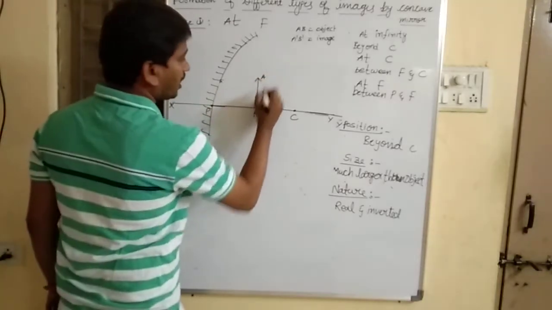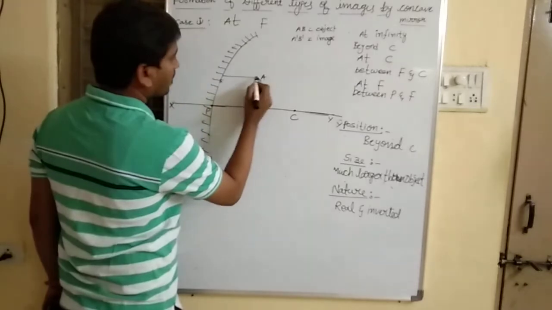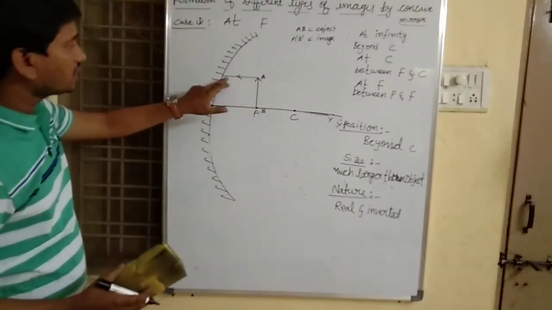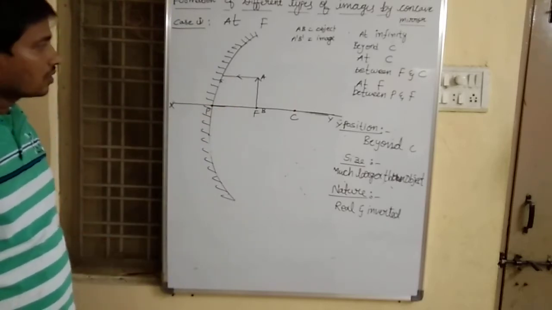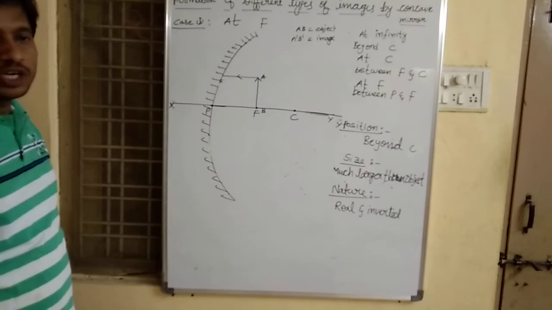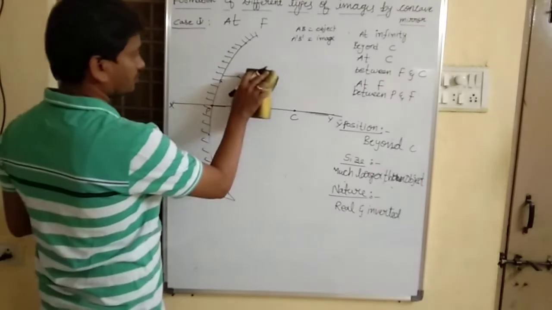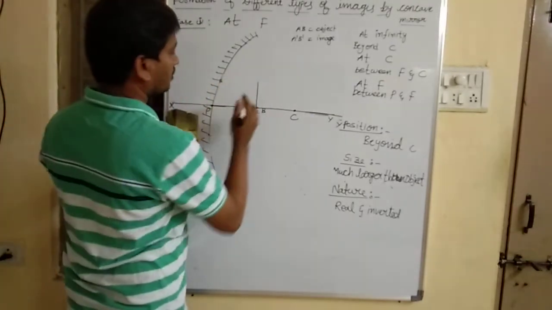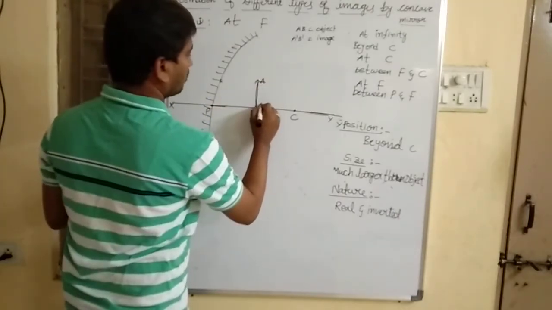This is my object A, B. This is my first ray, which is parallel to the principal axis of a concave mirror. So we place an object at focus, right? That means this is my object AB.